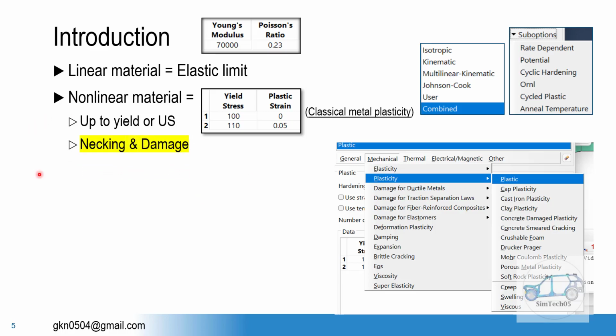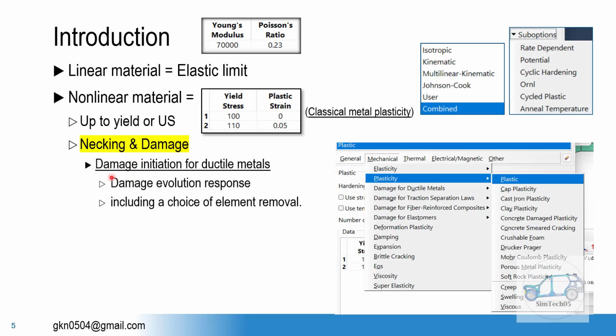What if we want to involve necking and damage within the simulation? That's really very problematic. We will see why it is problematic. For that we need to define the damage criteria, that may be ductile damage criteria for a ductile material, and we have to define two things: damage evolution parameter and damage material property, along with the choice of element removal options.